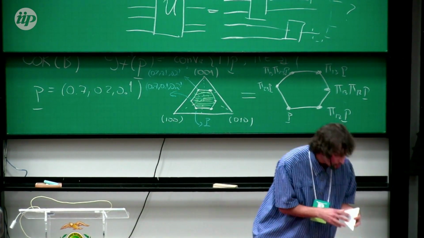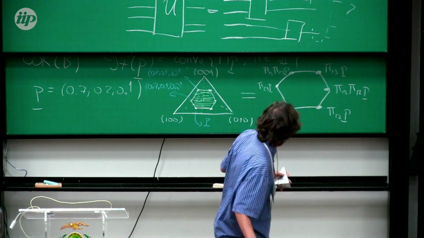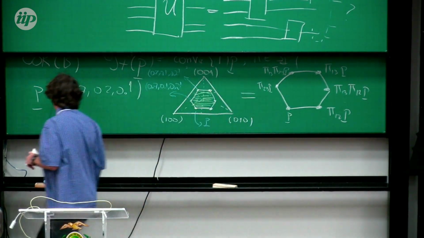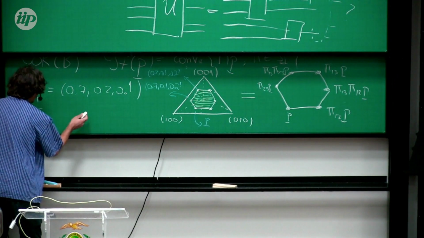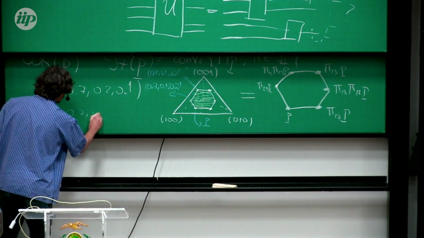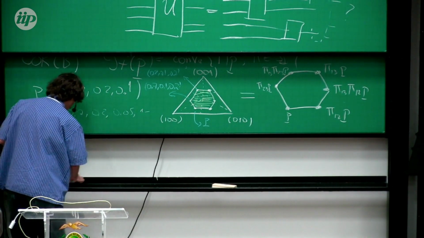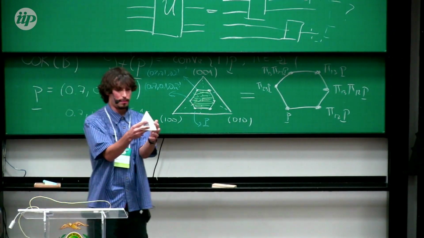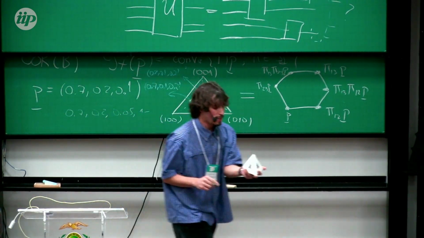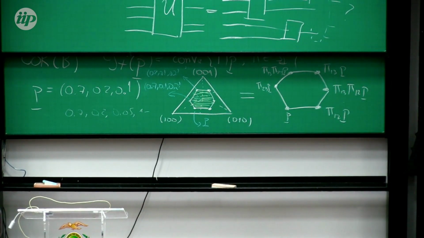But for a 4-level system with populations, let's say, I don't remember, something like 0.7, 0.2, and 0.005, and 1 minus everything here, you have this thermal cone here. As I said, only the future is convex.